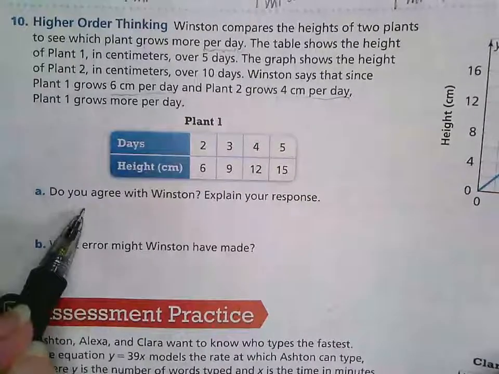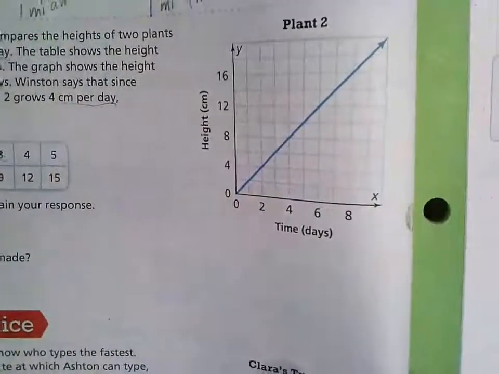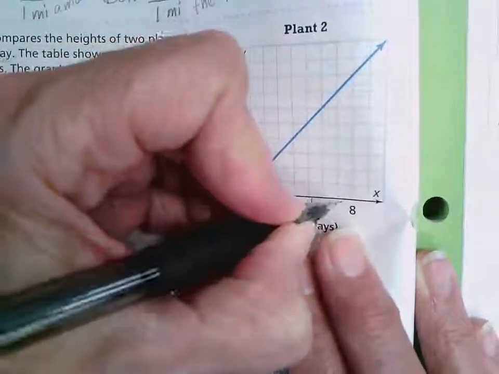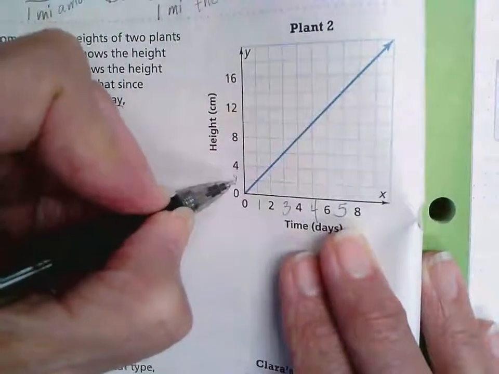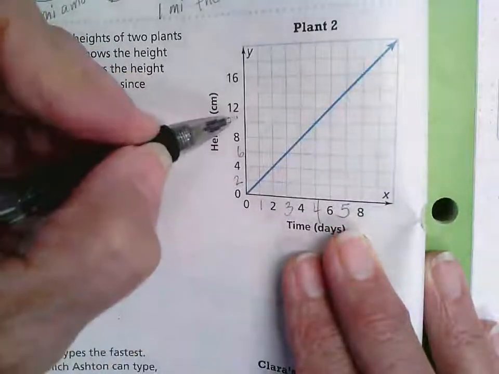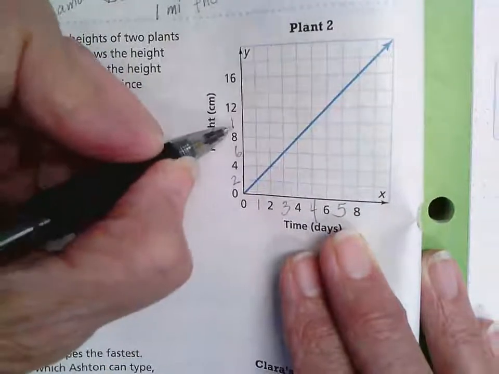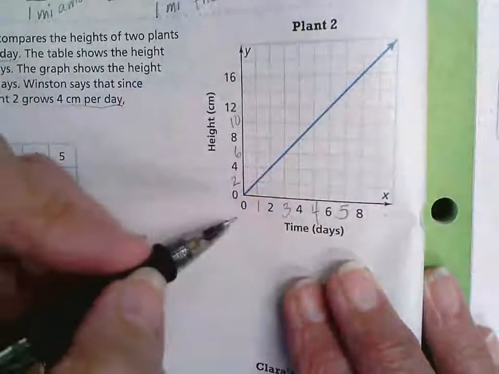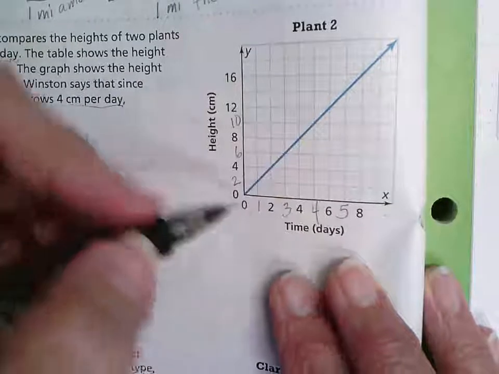It says, do you agree with Winston? Explain your response. So here's our graph, and we can see that our y-axis is increasing by 2 centimeters each time, and our x-axis is increasing by 1 day each time.